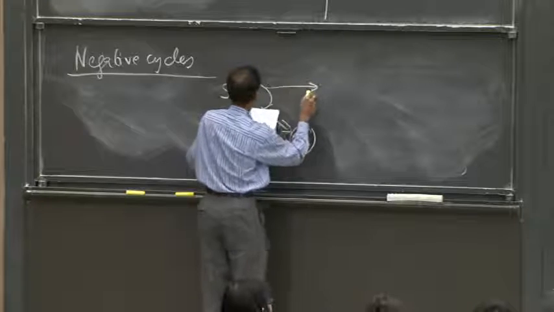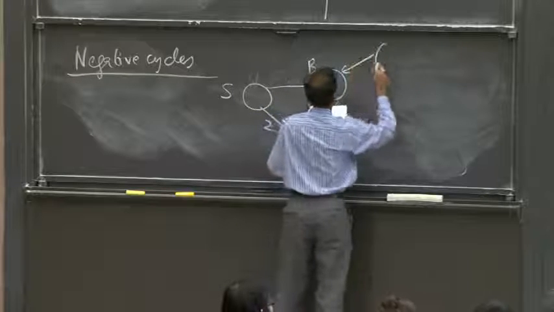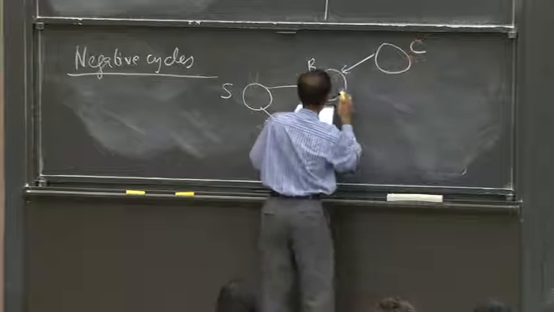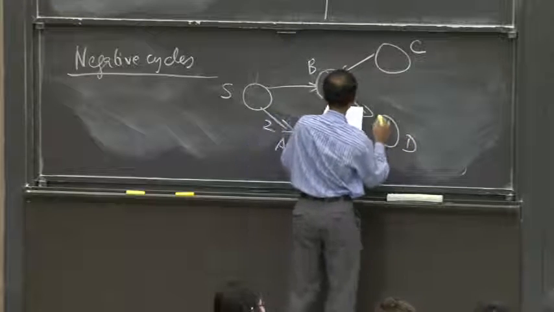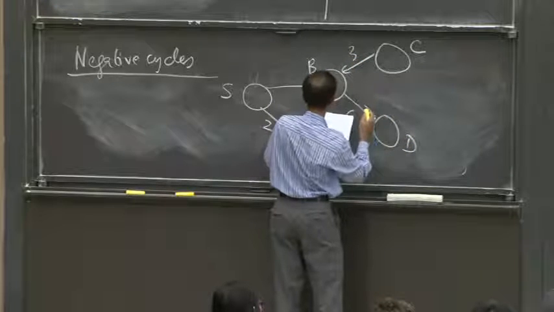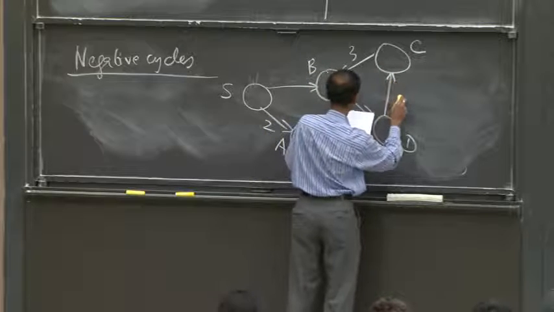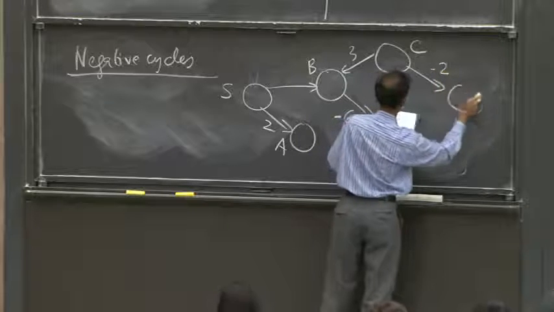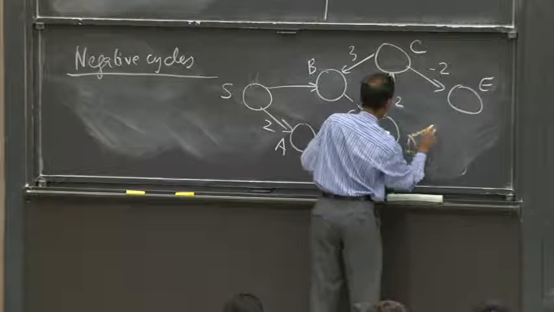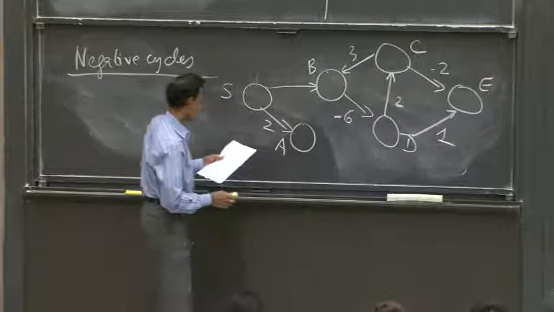So suppose you have something like this, where you have a graph that has negative weights on some of the edges, but others are positive. So this one is a -6. I think I got those right.